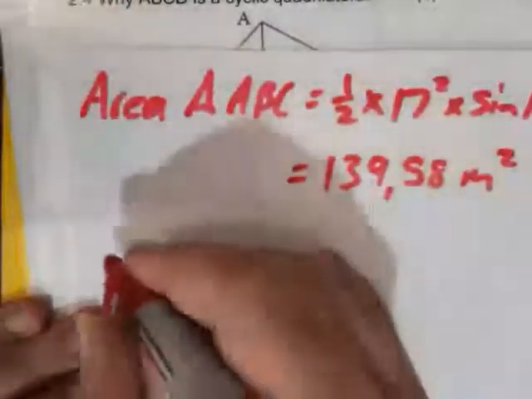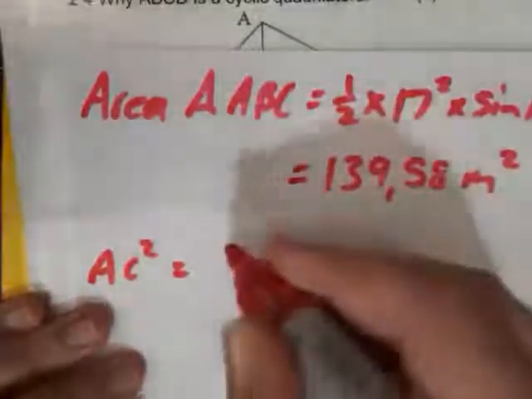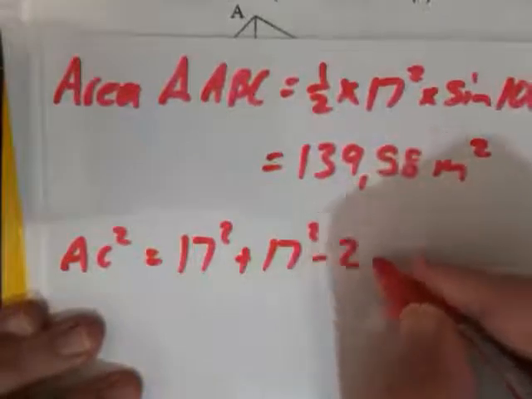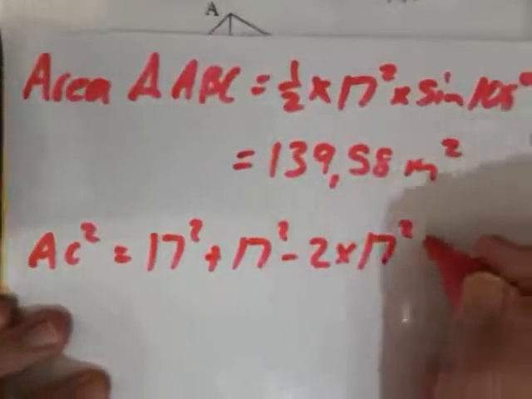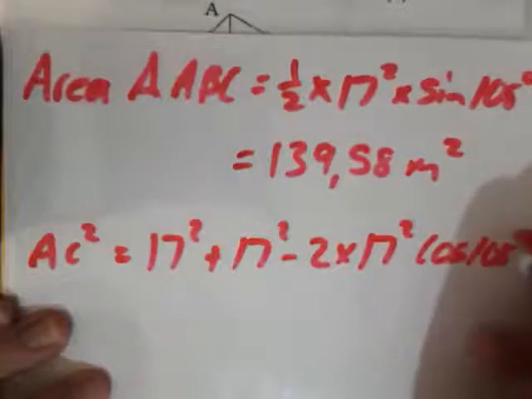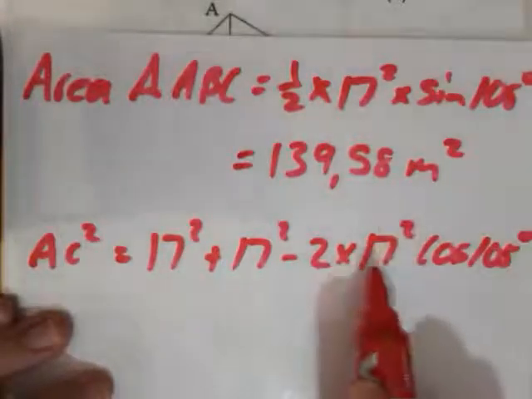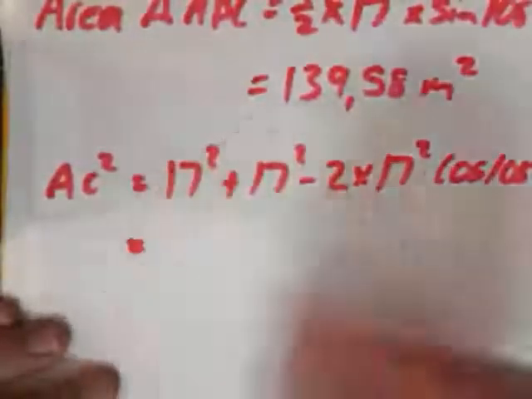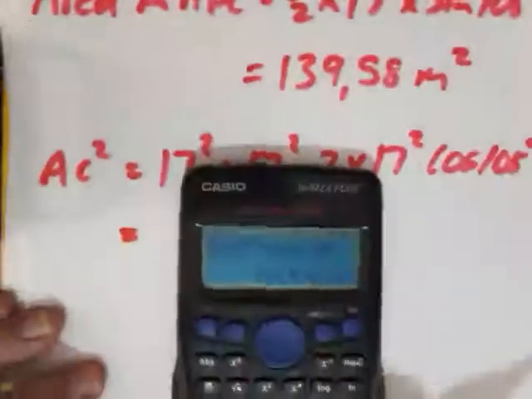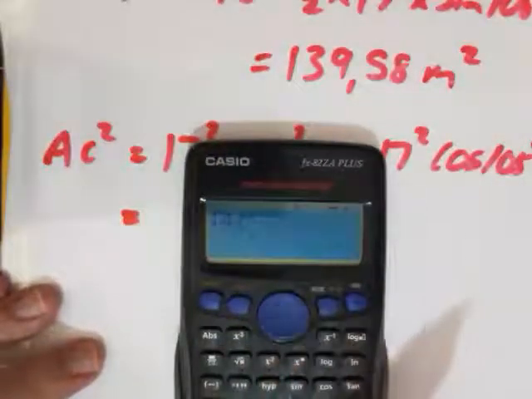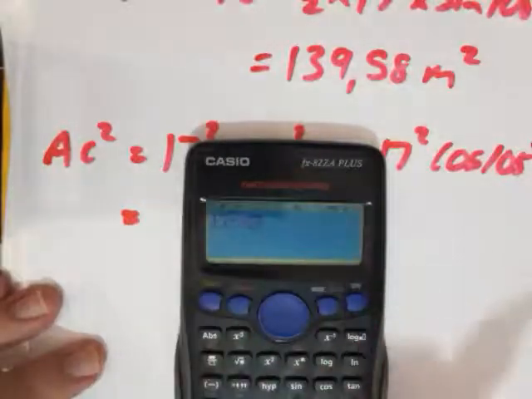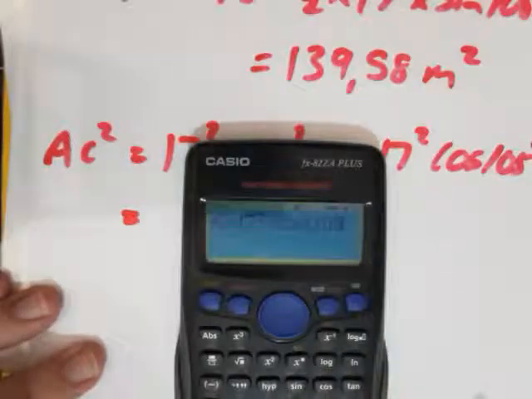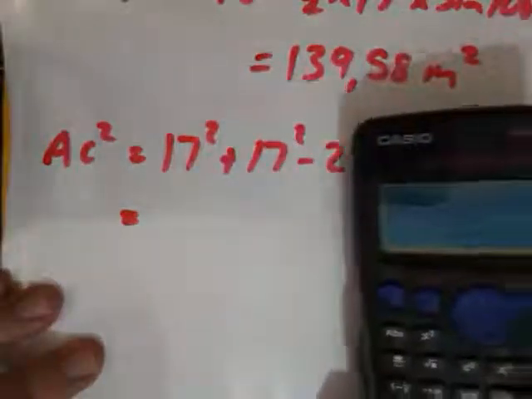Okay, so we can say AC squared is 17 squared plus 17 squared minus 2 times 17 squared cos of 105 degrees. Okay, so we will do this as 17 squared times 2, because we've got two of them, minus 2 times 17 squared times cos of 105.